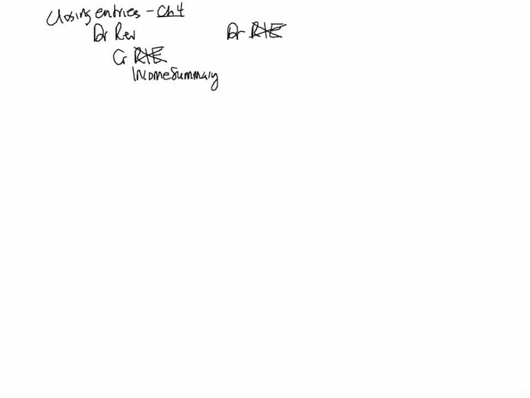And a debit to income summary and a credit to the expenses. I jumped the gun. By doing so, we change all the expenses and the revenue into zero on the income statement. I'm just giving an example of closing entries from Chapter 4, just a reminder.